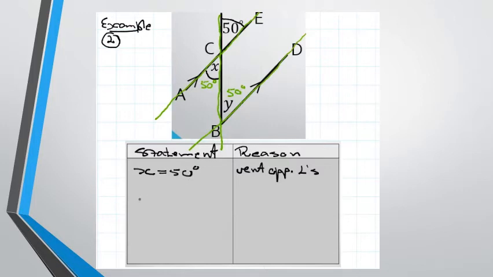Now in my next statement I'm going to say that y must be equal to x, which is then equal to a value of 50 degrees. And the reason again, alternating angles. And again, why are they alternating angles?